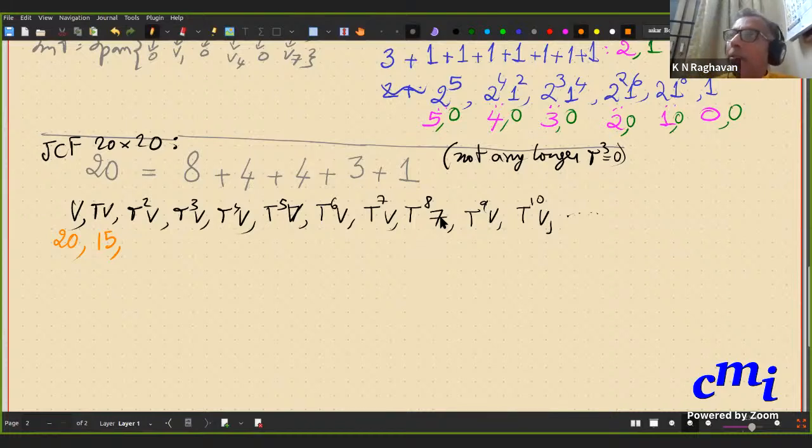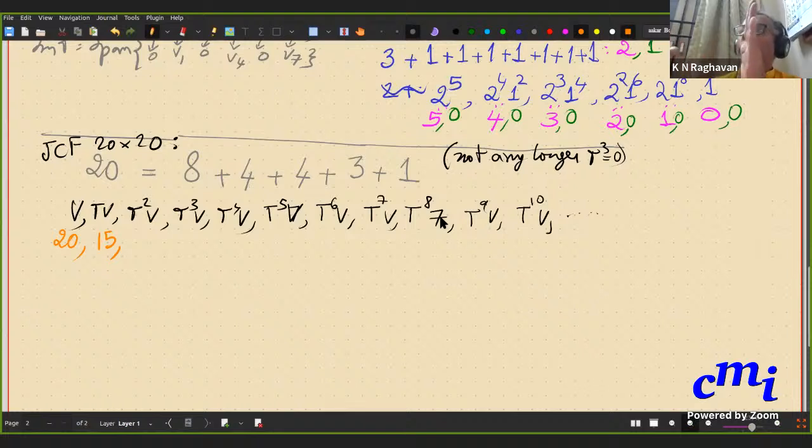Yeah, I understand what you're doing. You can just count the number of non-zero rows because the JCF is already in row-reduced form, right? That's correct. But here now you have to take the square of that and count the non-zero rows. So you can do that also.